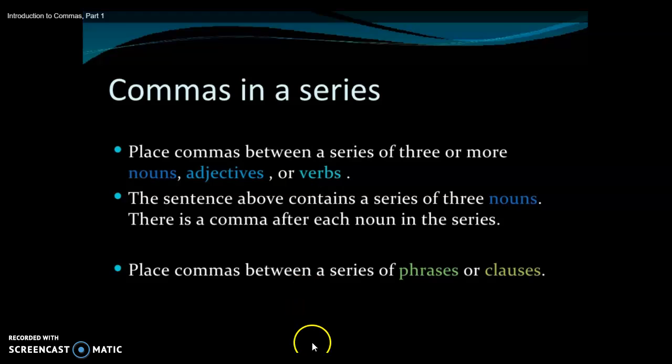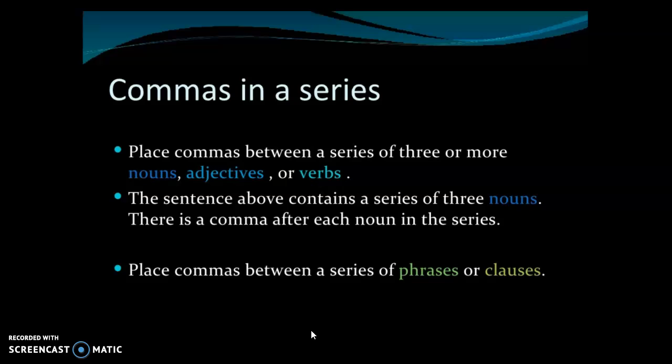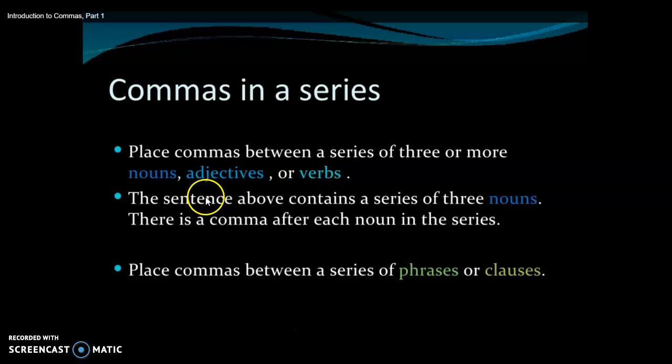When we put commas in a series, we place commas between a series of 3 or more nouns, adjectives, or verbs. The sentence above contains a series of 3 nouns. So we have a comma after each noun in the series.